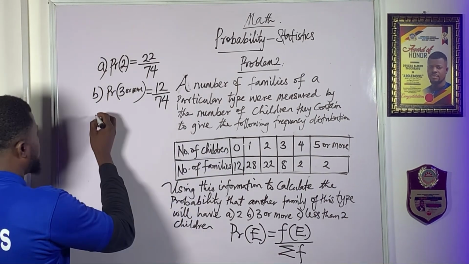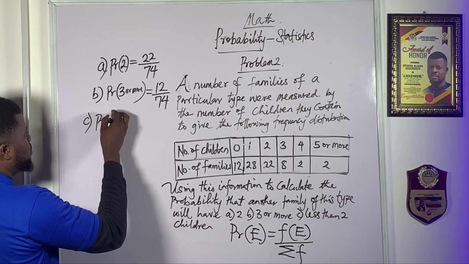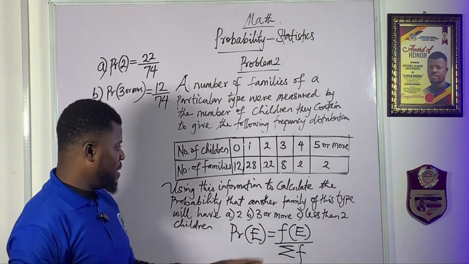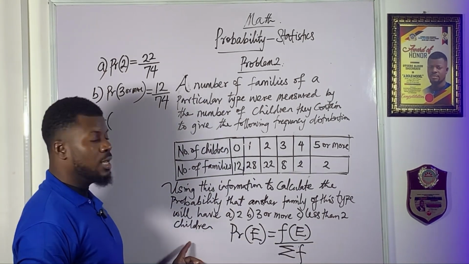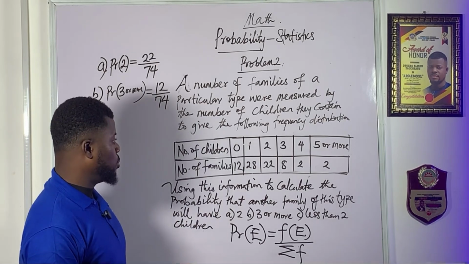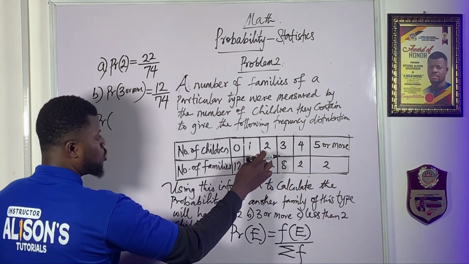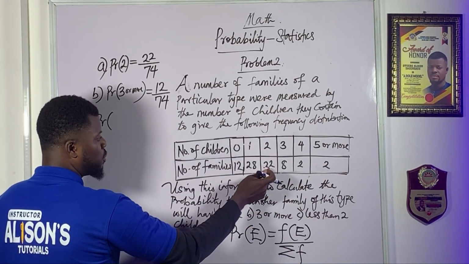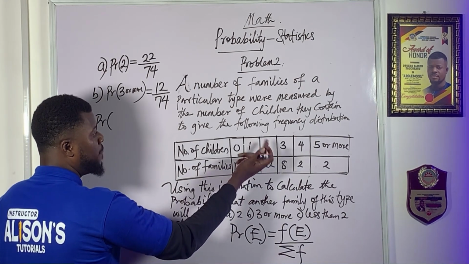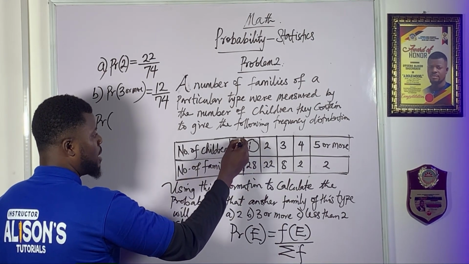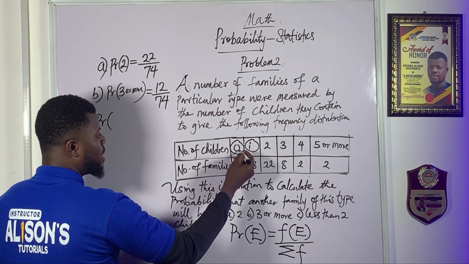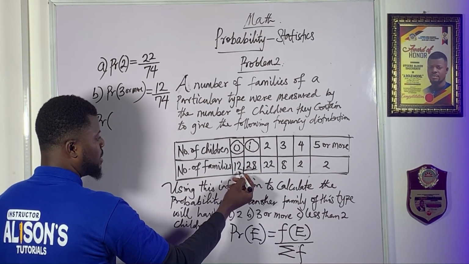Now the last one is, what is the probability that they have less than 2 children? Less than 2 children. They mentioned 2. That doesn't mean we are going to start from the position of 2. They say less than 2, meaning we're going to consider this one and this one. So under 1 and 0, we have 28 and 12.